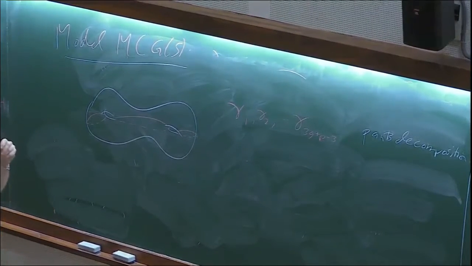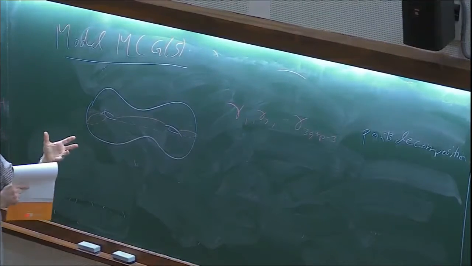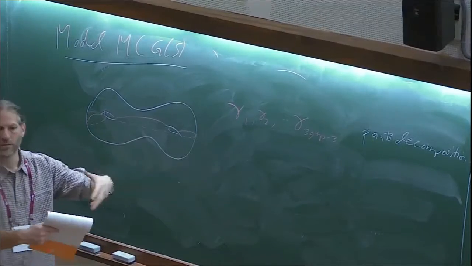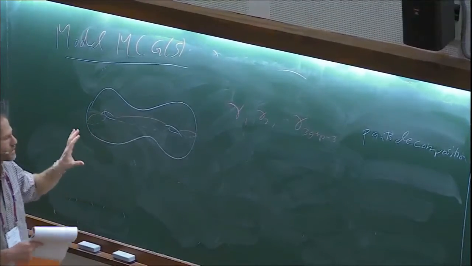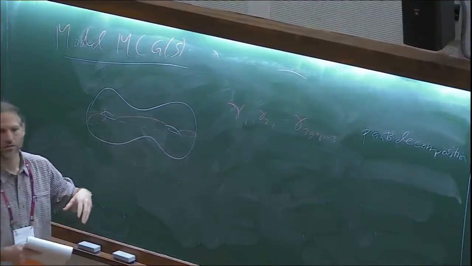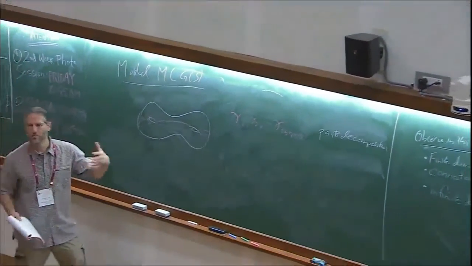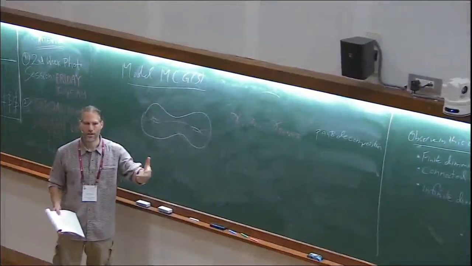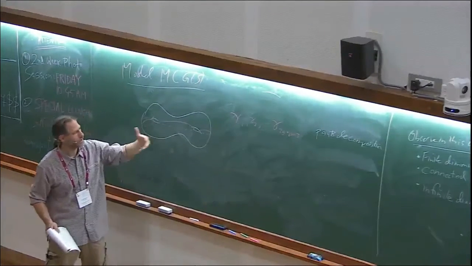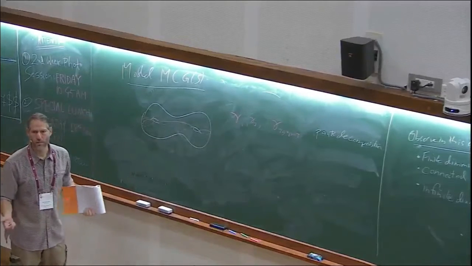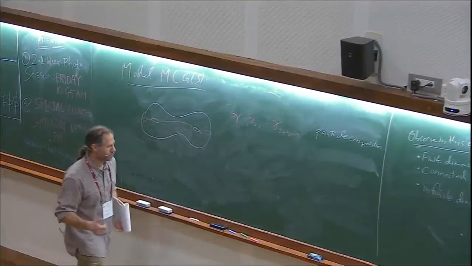If I fixed my favorite pants decomposition, say it was this one, then I could apply a mapping class group element, and that would give me a new pants decomposition, right? It will move this collection of curves to some new collection of curves. I could ask myself, does that collection completely tell me which element of the mapping class group I have? Could I just think about the orbit of what it does to these curves and read off which mapping class I have? And the answer is almost.